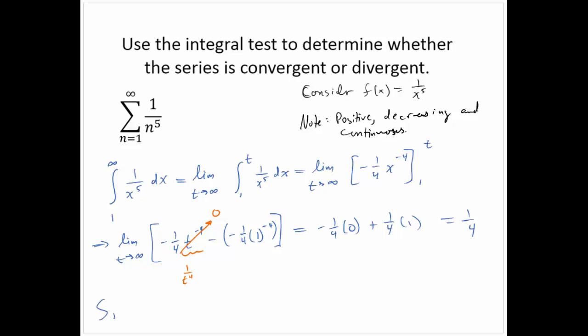Alright, so since the integral from 1 to infinity of 1 over x to the fifth dx converges, then sigma n equals 1 to infinity of 1 over n to the fifth also converges. Again, that does not mean that the sum is 1/4. It only means that it converges.